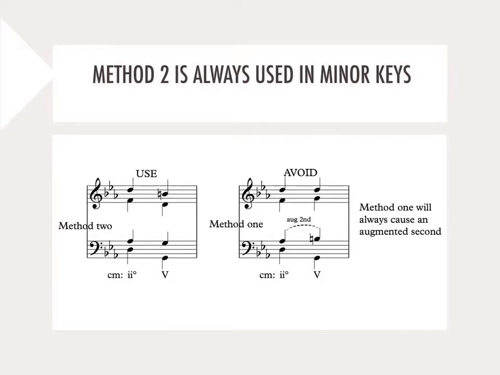Method 2 is always used in the minor key to avoid the augmented second. If you hold the common tone, you will always have an augmented second. So let's look at what to avoid.